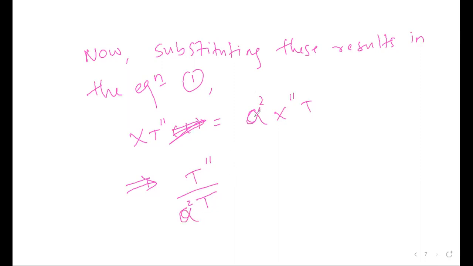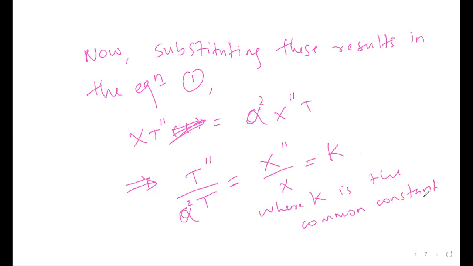Whatever alpha square is, you take it with the T, and this one you can write as X double dash over X. If you have them separated and you want them to be equal, I already told you, you have to have a constant, where k is the common constant. So both are equal to the common constant, k.